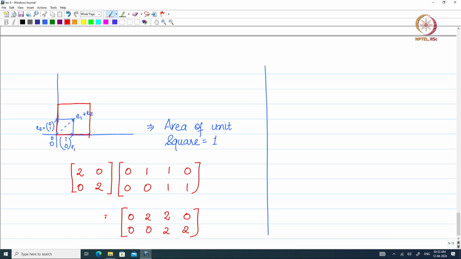So, you see that the area of the square changes, that means the scaling transformation affects the area of the object.